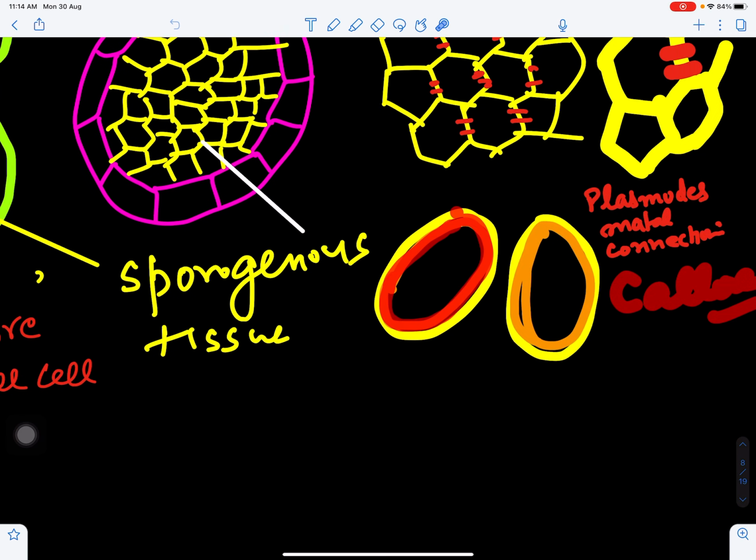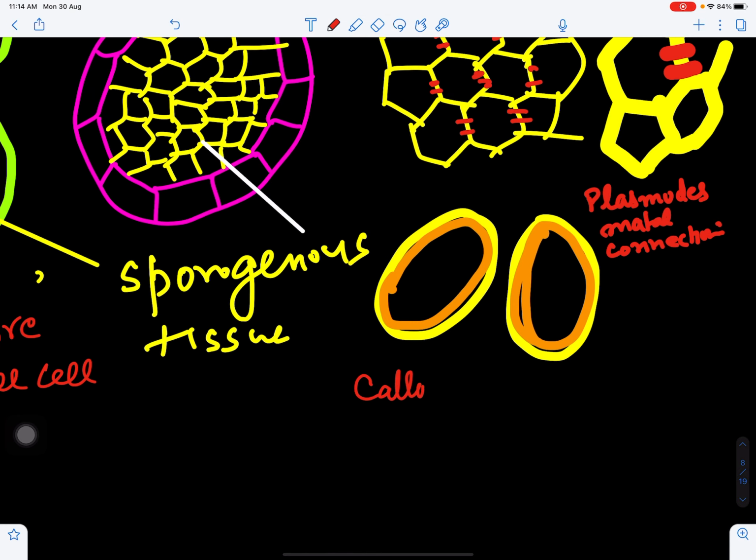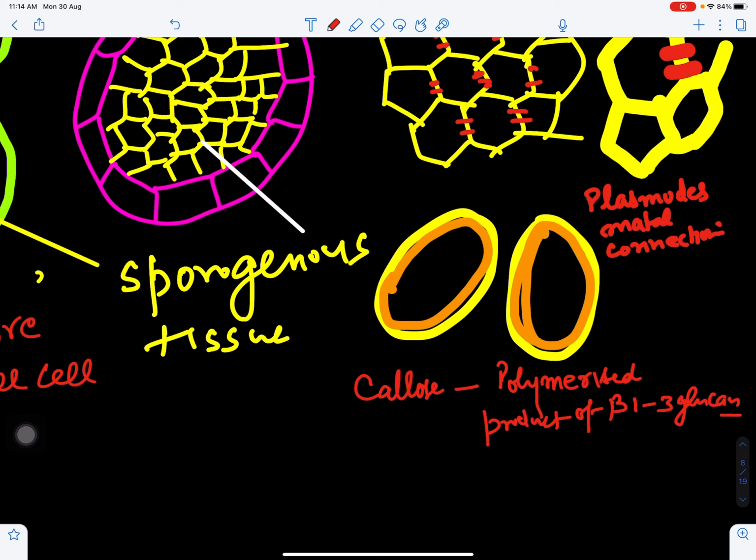right? Now what is callose basically? Callose is a polymerized product of beta-1,3 glucan, and this also has certain beta-1,6 glucan branches.